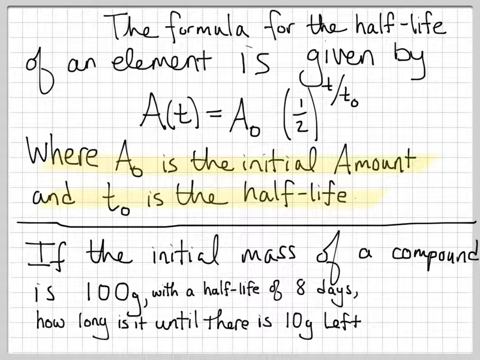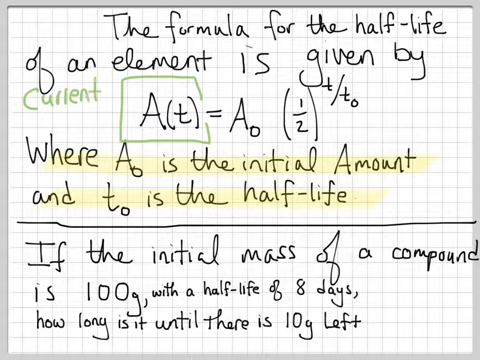And then A of t is just a function of time. This is the current amount. Right? So A of t is just how much is left after time t.